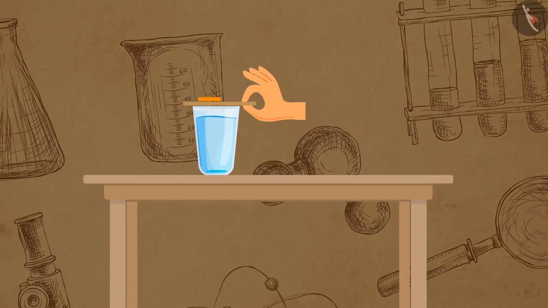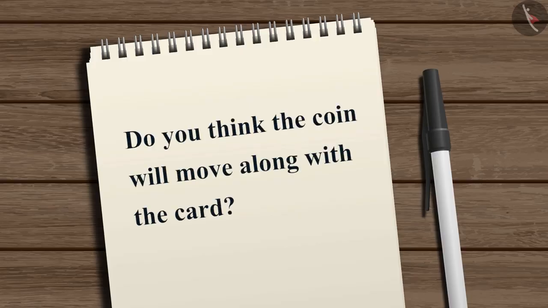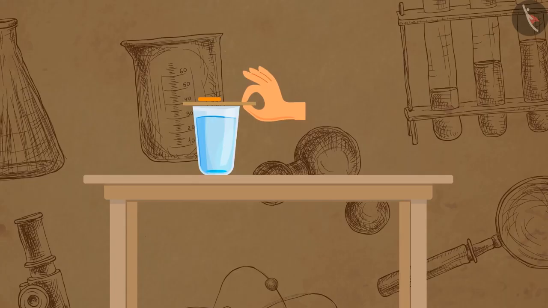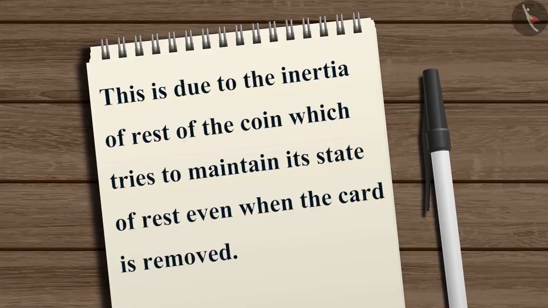Pull out the card as quickly as possible. Do you think the coin will move along with the card? Well, that might happen if you move the card slowly. But if you pull the card really fast, the coin above it will fall vertically downward in the glass, instead of moving along with it.